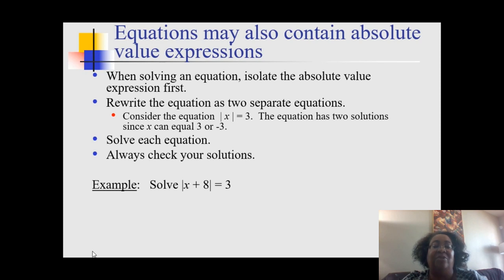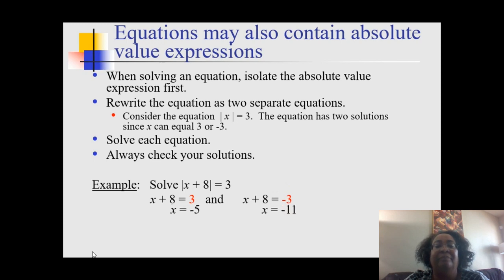So what I'm going to do is take that absolute value equation, keep it at a positive 3, and then also solve it with a negative 3, because I need to get both sides of the absolute value. So when I do that, I'm going to get x is equal to negative 5 with the positive 3, and x is equal to negative 11 with the negative 3.